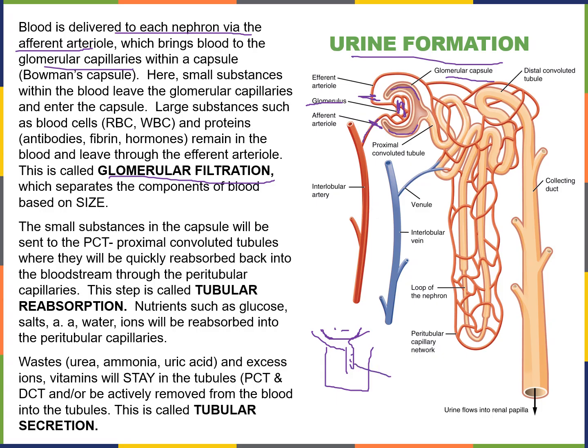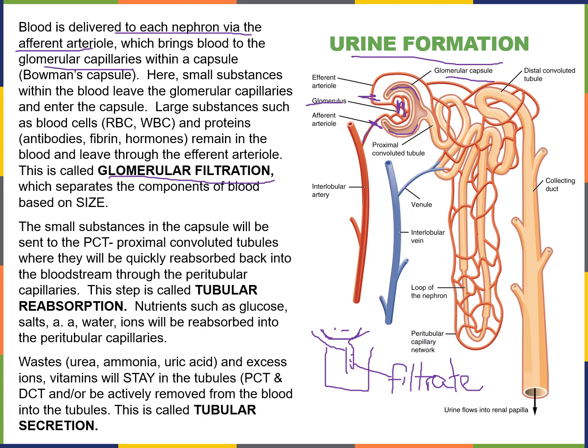The small drops of fluid coming through, this is referred to as the filtrate. And that's the word we're going to use to describe what passes through the glomerulus. So the glomerulus functions like a sieve. That's an important thing to remember.